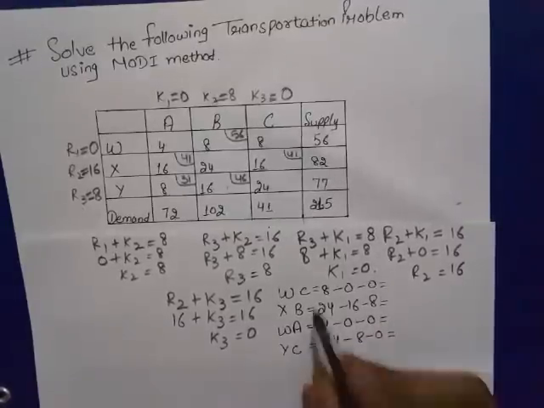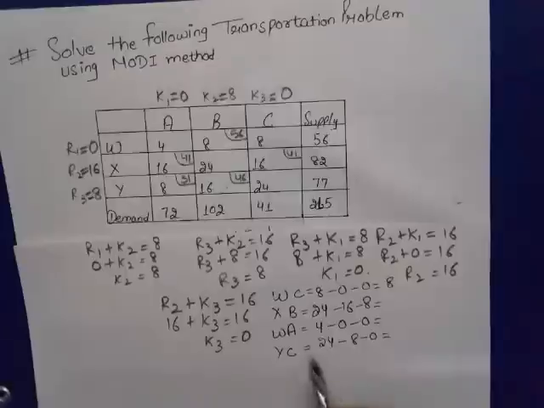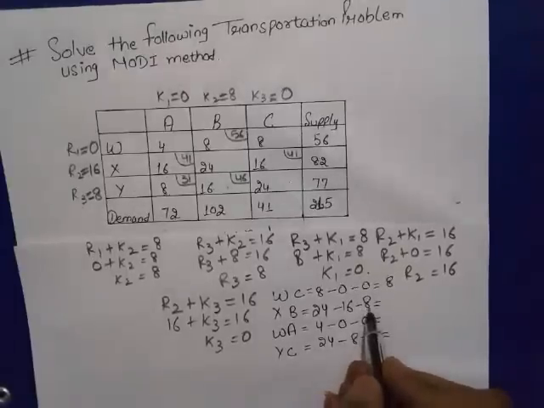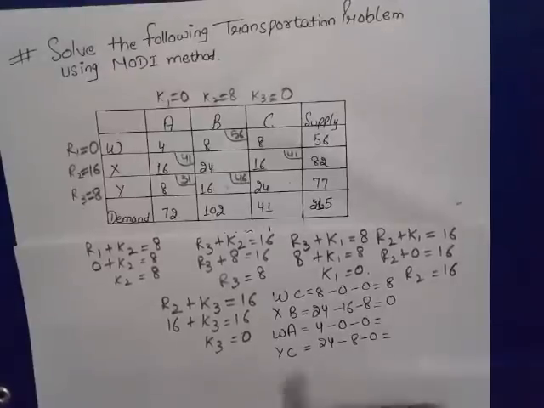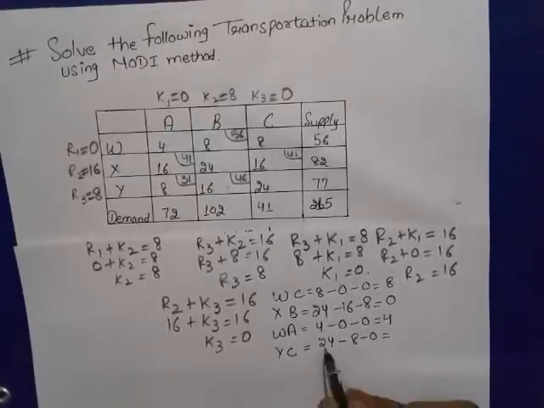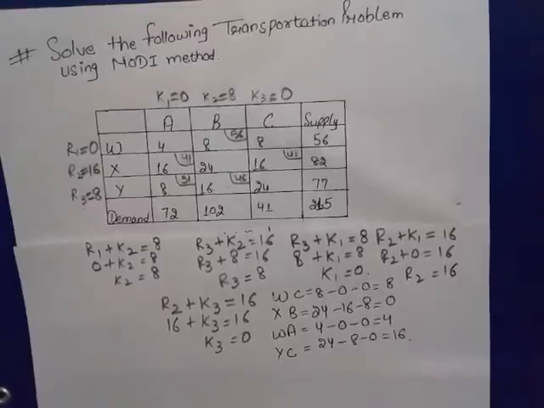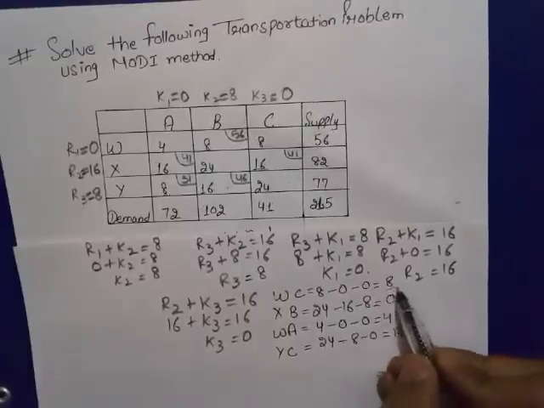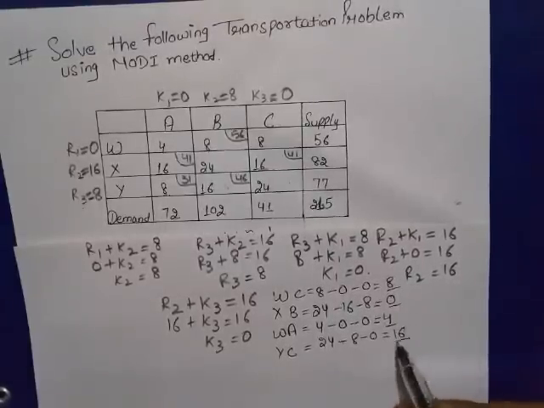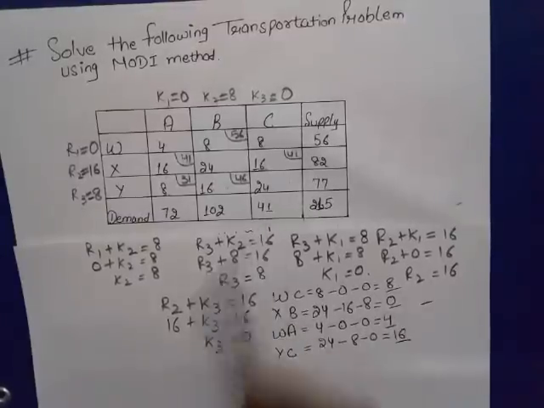Now calculate the values. 8. 24 minus 16 minus 8 is equal to 0. 4 minus 0 minus 0 is equal to 4. 24 minus 8 minus 0 is equal to 16. So in this we got all positive signs. There is no negative sign which we have to select and make changes.